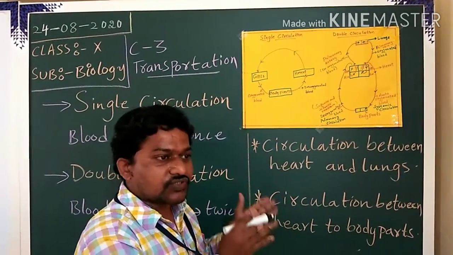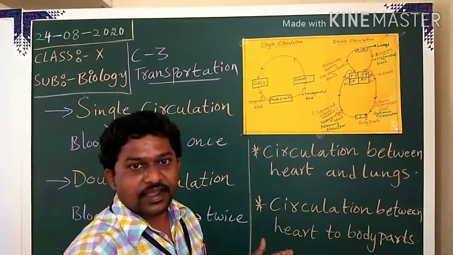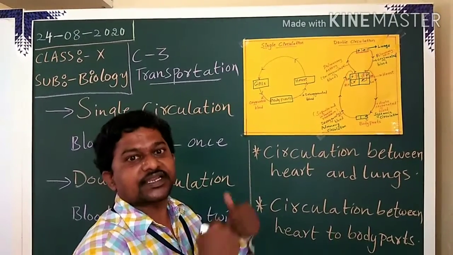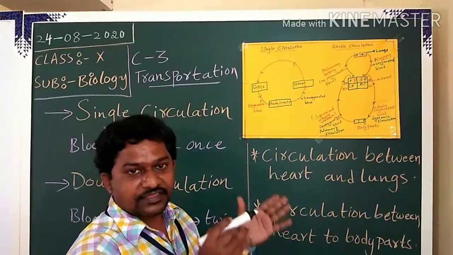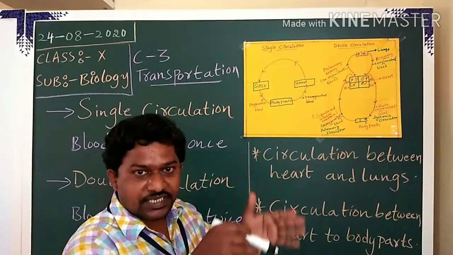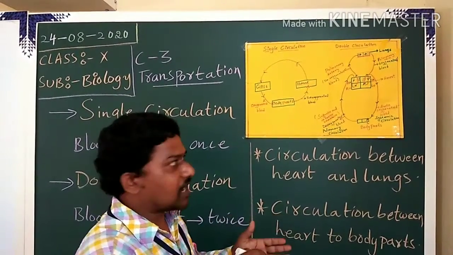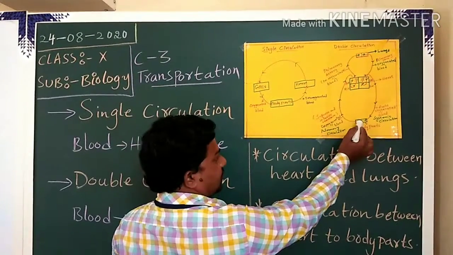The tissues use this oxygenated blood and send carbon dioxide outside, and this carbon dioxide again mixes into the blood and the blood becomes deoxygenated.